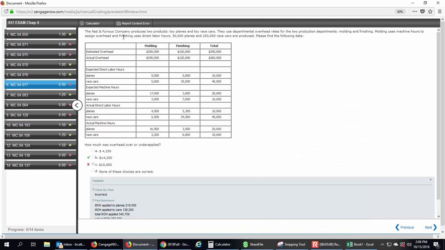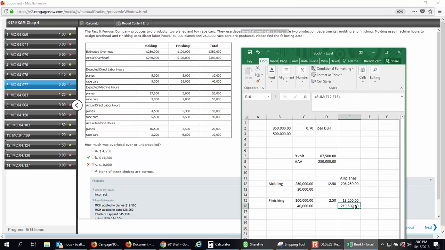The next one, departmental overhead rates. Looks like kind of the same problem we were on. Molding uses machine, finishing uses labor hours, so this is the same problem. How much overhead over or under applied? Okay, well we know right here how much was applied on the airplanes. Let's go do the race cars.